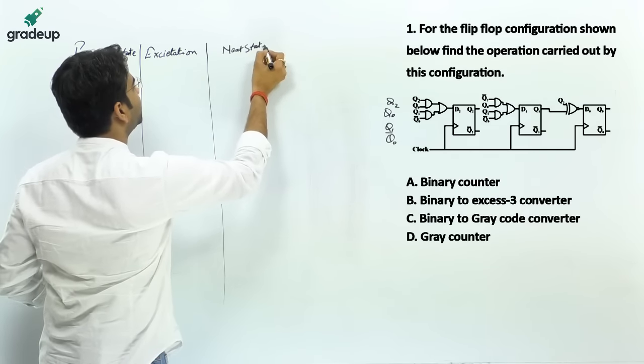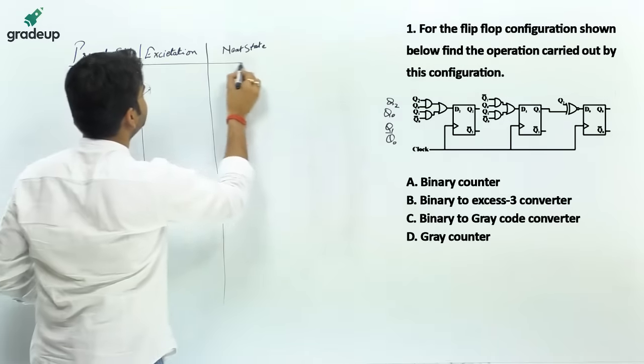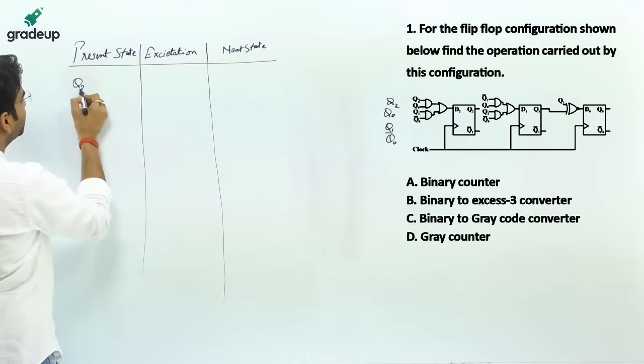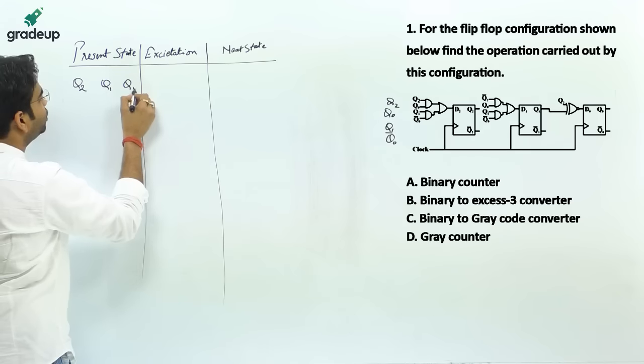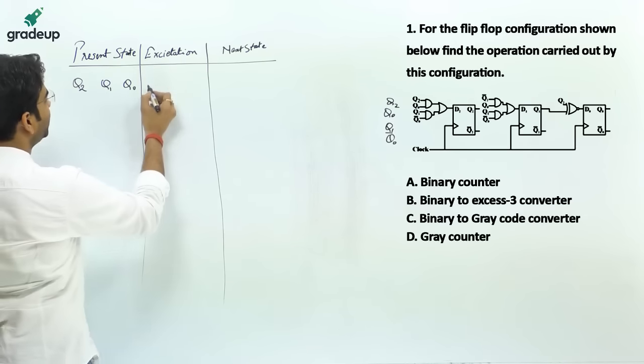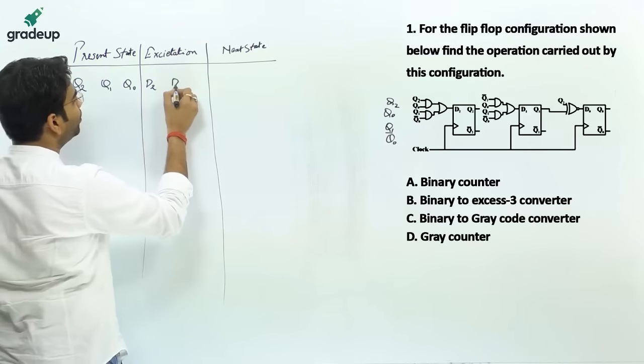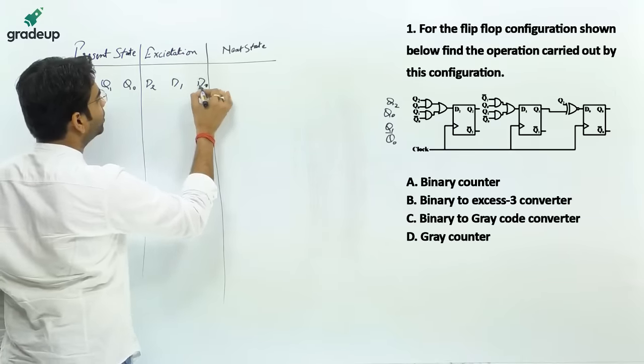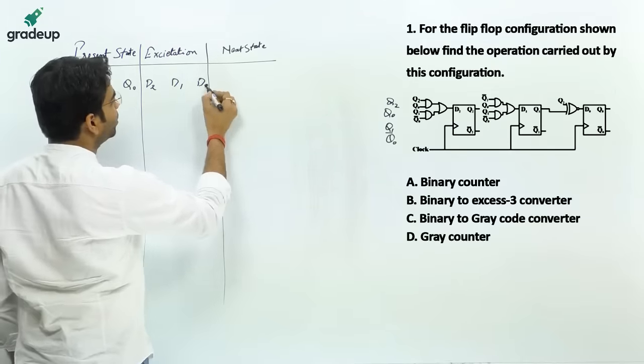The present state is Q2, Q1, Q0. The excitation will be D2, D1, D0.